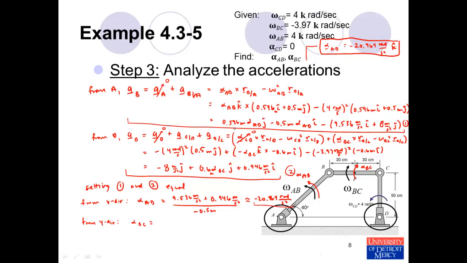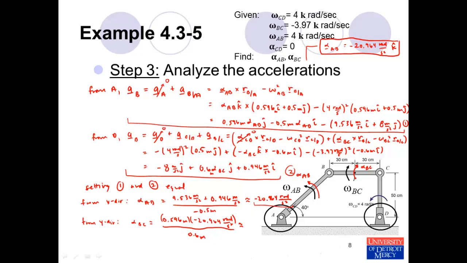And so over here, we're just left with the 0.96596 meters times alpha AB, which is negative because it was in the opposite direction we initially assumed. And then over here, we're just left with this. We divide through by the 0.6 meters.